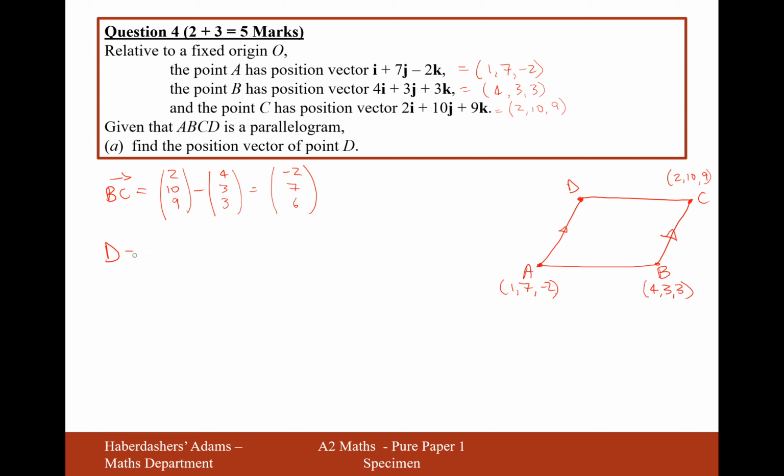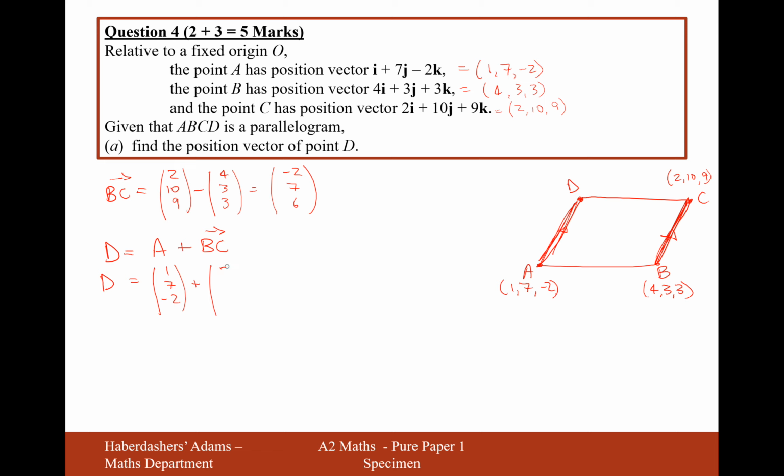So D is going to be position A plus the vector from B to C, because it's going to be going in the same direction. If it's a parallelogram, then the sides are going to be the same vectors. So position A is going to be 1, 7, minus 2, plus the direction vector from B to C, because this line here is going to be the same as this line here.